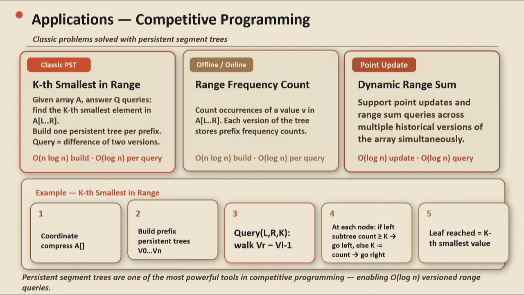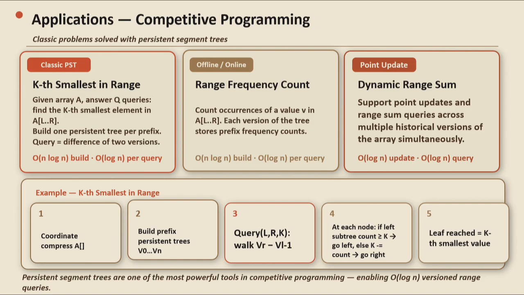Now let's talk about where computer science students most often encounter this structure: competitive programming. The most famous problem is the kth smallest in a range. Given an array, find the kth smallest element between indices L and R. The solution builds one persistent tree per prefix of the array.